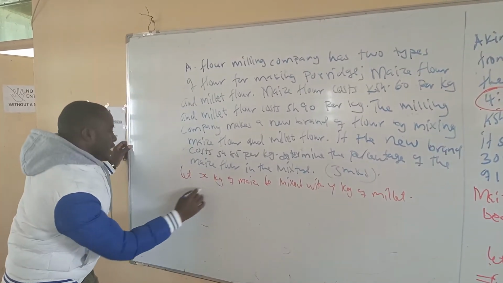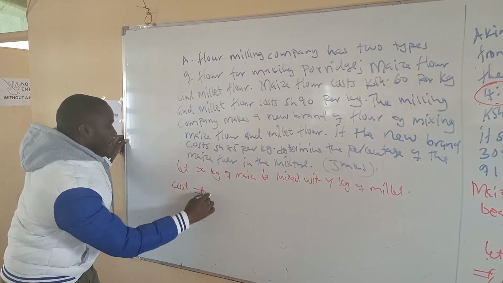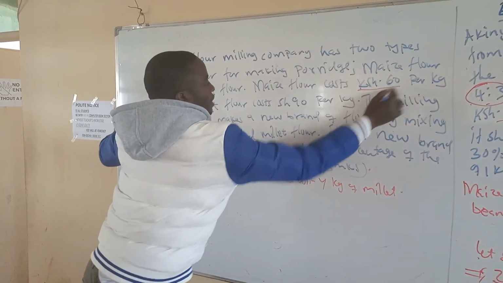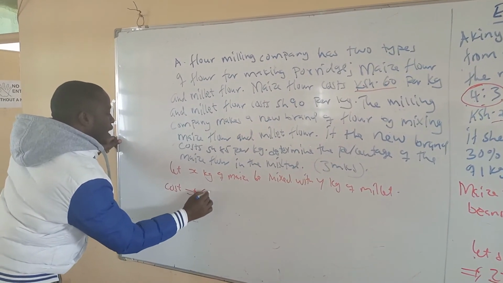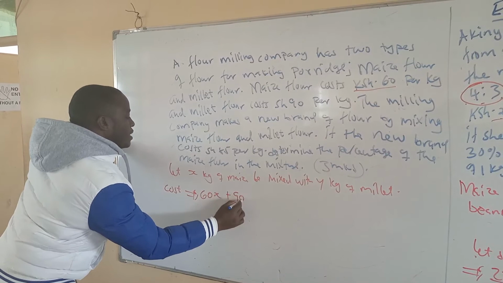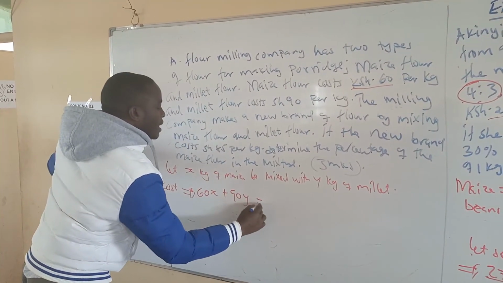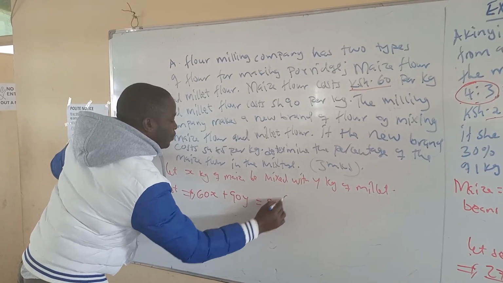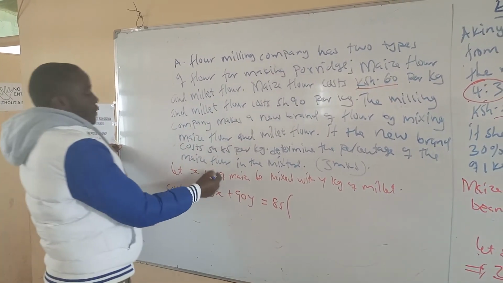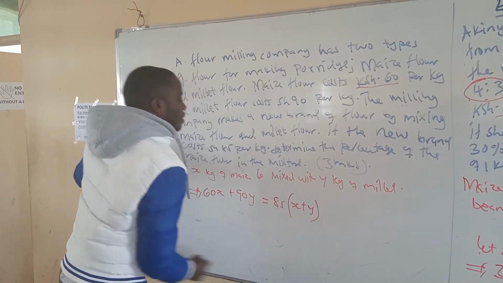Now, the cost is X times 60 shillings, which maize was costing. So 60 times X, that is 60X, plus 90Y, that is the price of millet. This must be equal to 85 times the mixture, that is x kg plus y kg.